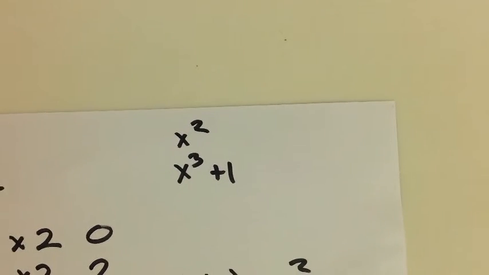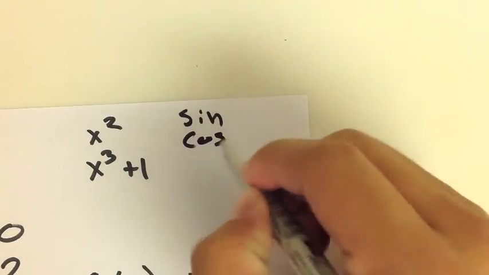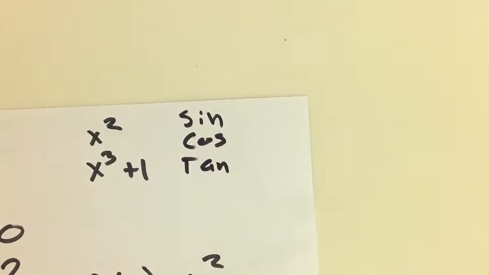Some of the functions may be described as x squared, which is a squaring function, or x to the third plus 1, a cubic function. Sine, cosine, and tangent all work out the same, but those are for functions in trigonometry if you advance in that.